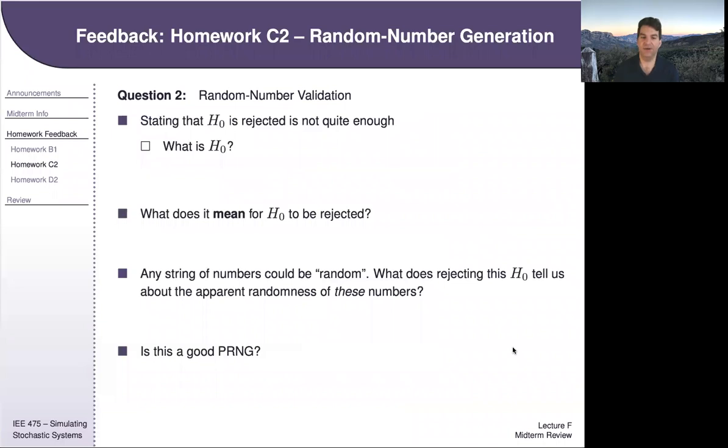With that in mind, I could phrase things asking for a little bit of interpretation, so know what the null hypothesis is for these tests. For the chi-squared and the KS, the null hypothesis is that the random numbers came from a uniform distribution.